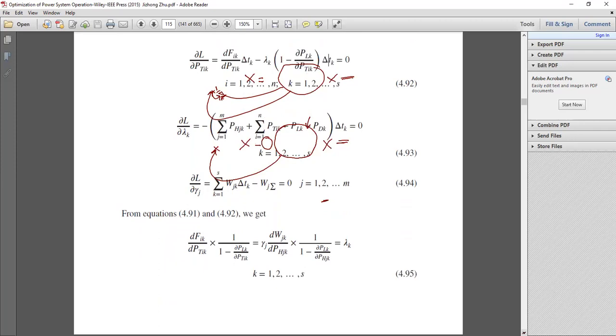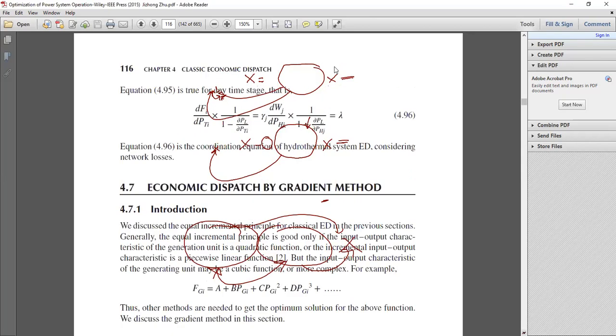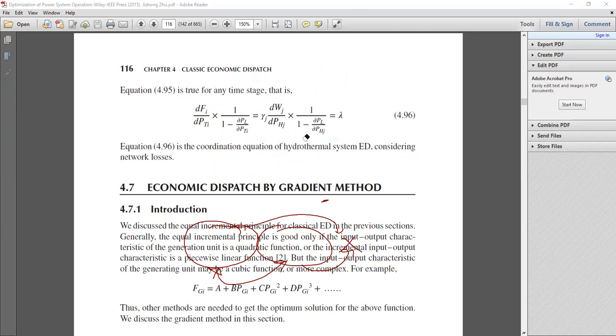So now we can say, if this is equal to lambda and this is equal to lambda, we can get rid of lambda and say this is equal to this. This relationship will hold true for the case where you have considered the network losses.